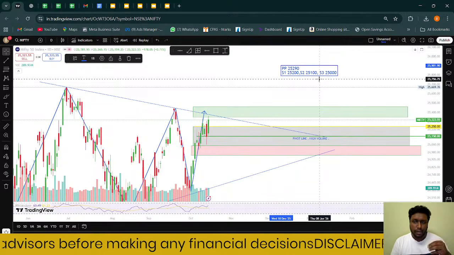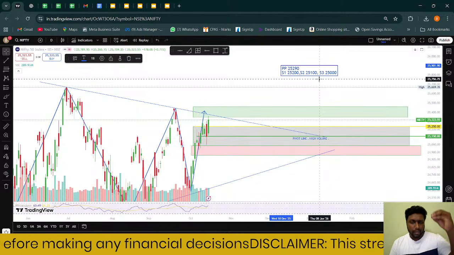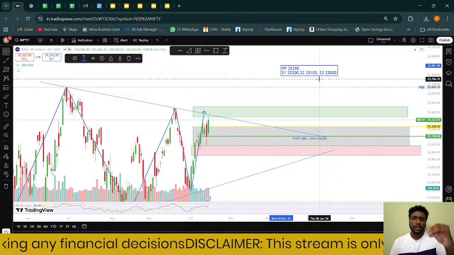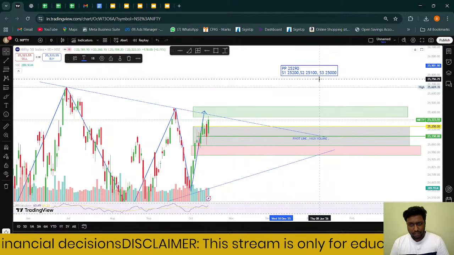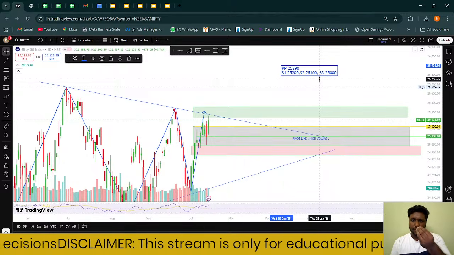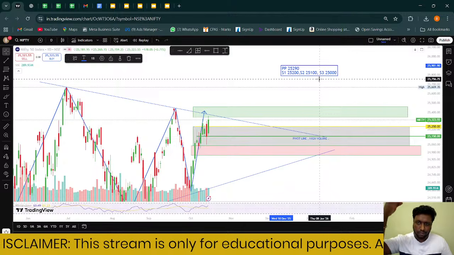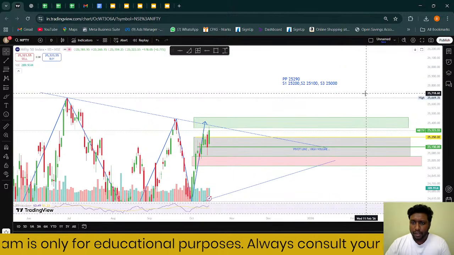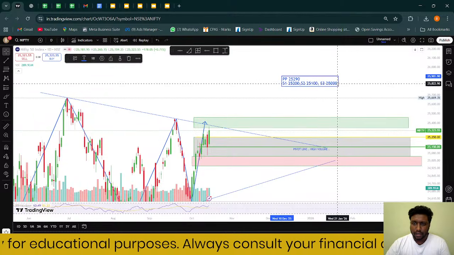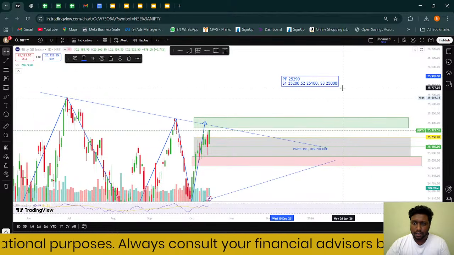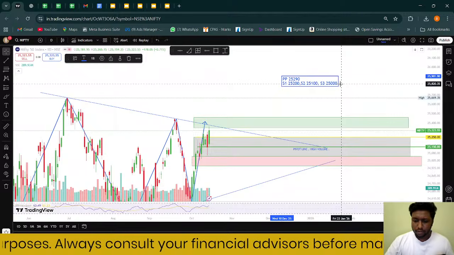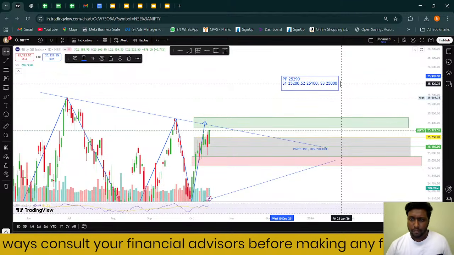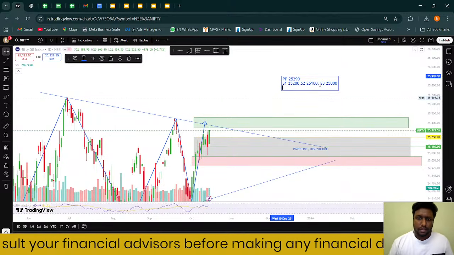We have seen multiple times that it has bounced from the 25,000 level, and it has also reversed from that level when it comes from the downside. So we consider 25,000 as a psychological level. Let's move back to the resistance, as we have already marked all three support levels.